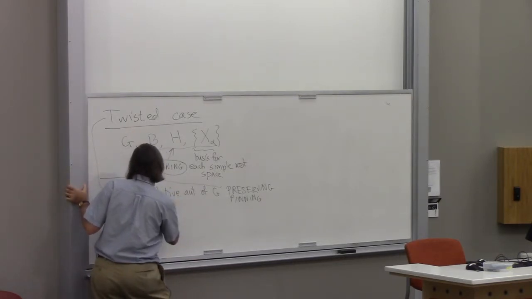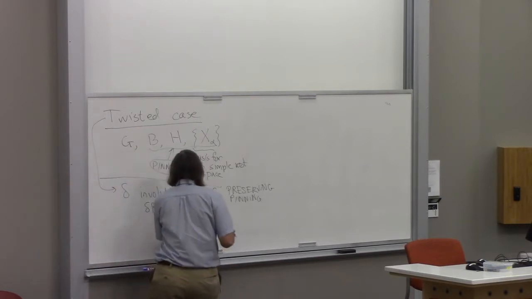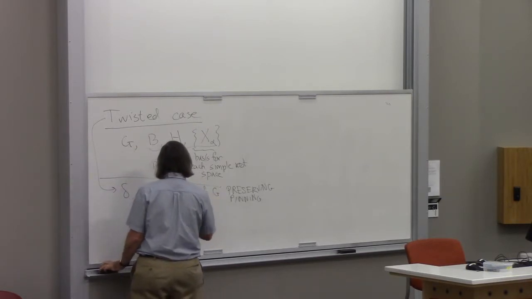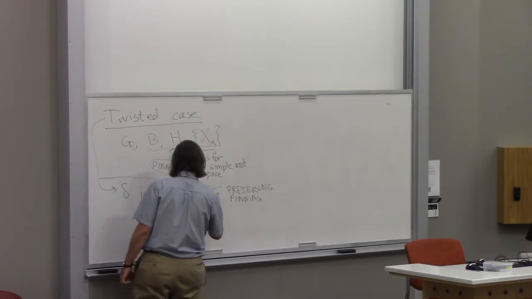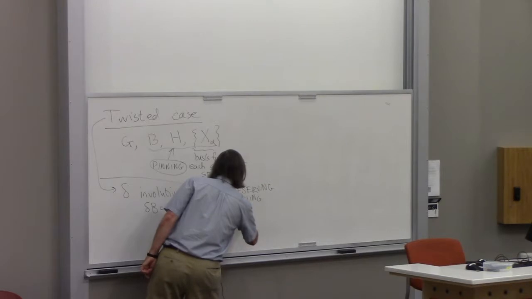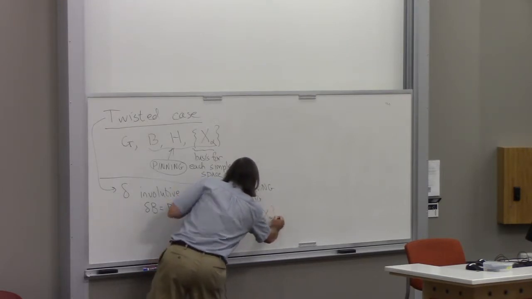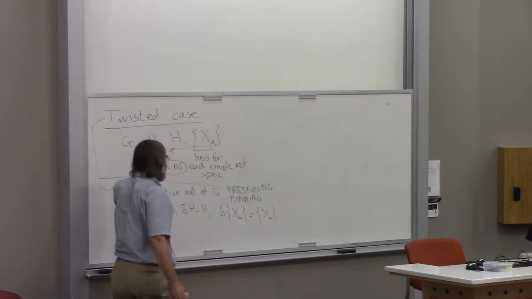Preserving B and H: delta B is B, delta H is H, and delta applied to the set of X alphas is the set of X alphas. So they're permuted.